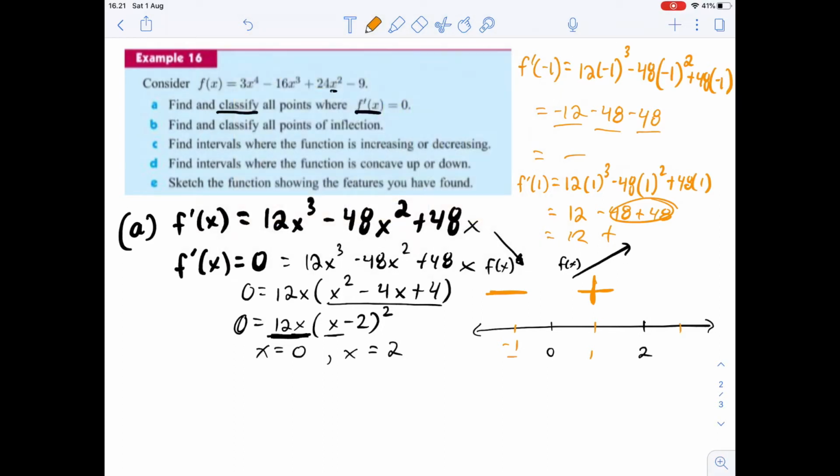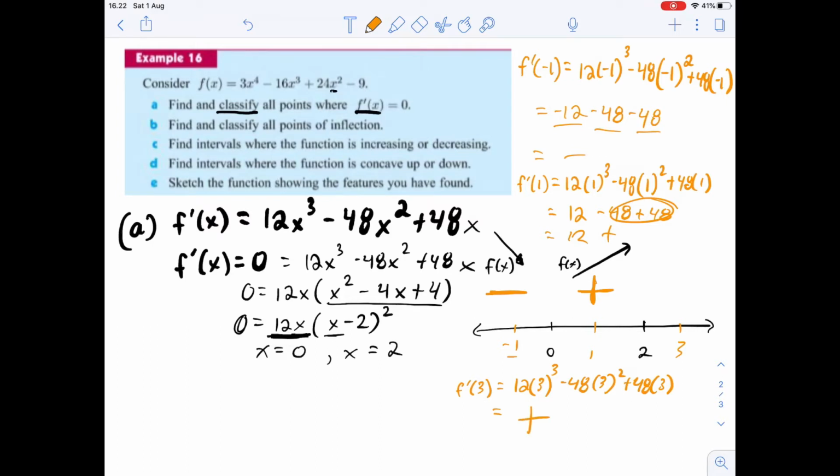Last but not least, we're going to pick a number over here. We'll pick 3. So f prime of 3 is equal to 12 times 3 to the third, minus 48 times 3 squared, plus 48 times 3. This is going to be a big number, so I'm going to put this in my calculator.